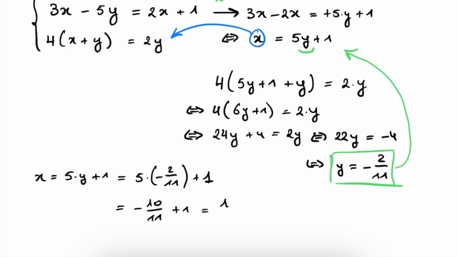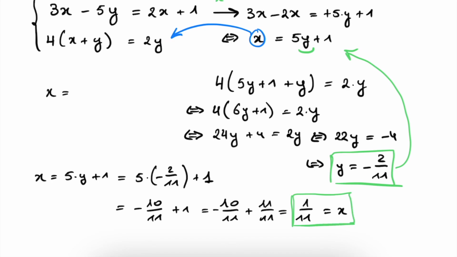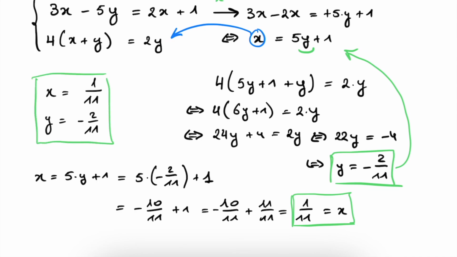And rewriting this, we get minus 10 over 11 plus 11 over 11, which is simply 1 over 11. So we get that x is equal to 1 over 11. And our final result thus is x is equal to 1 over 11 and y is equal to minus 2 over 11. And this is our final result for this quite complex looking exercise.